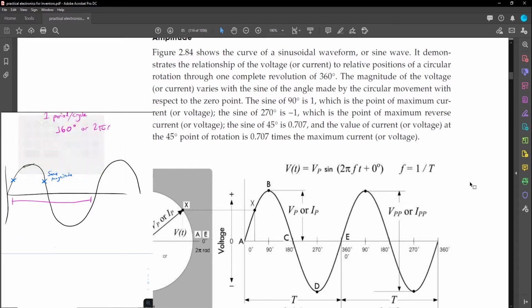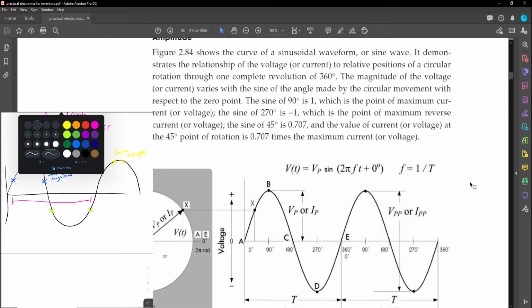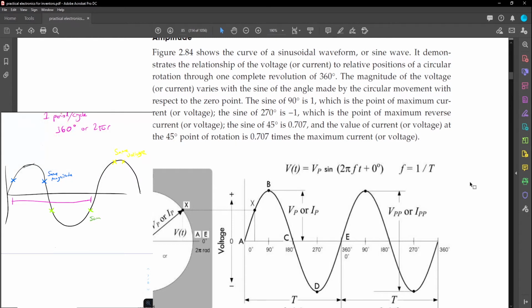Meaning that they're the same voltage, right? And then, for example, here and here, or here and here, same voltage and same voltage. Okay, I'm comfortable with that. So the magnitude of the voltage or current varies with the sine of the angle made by the circular movement with respect to the 0 point.